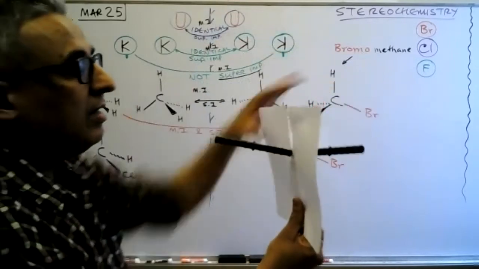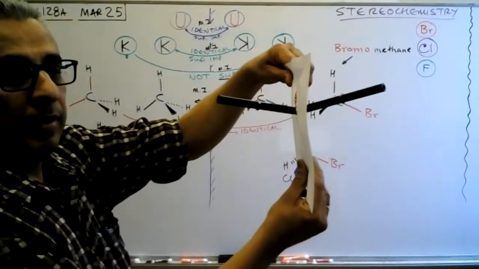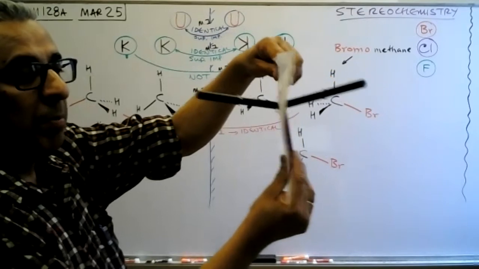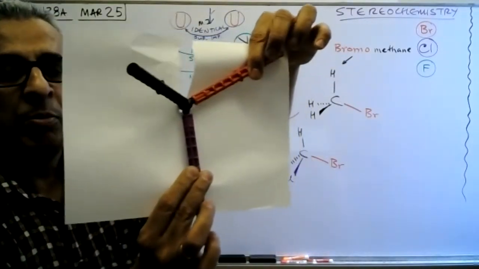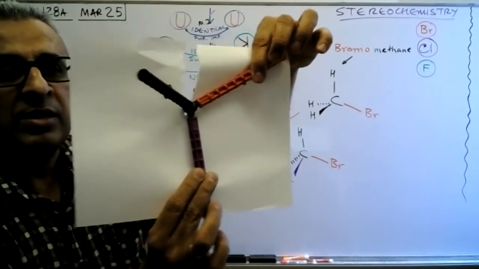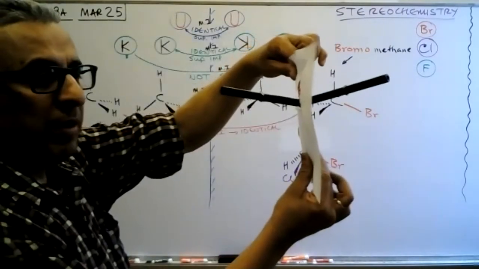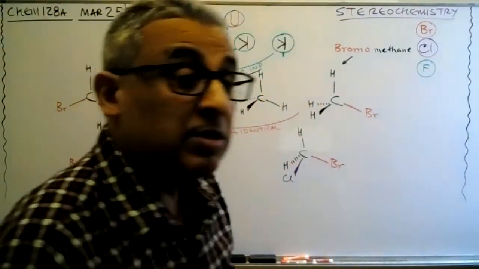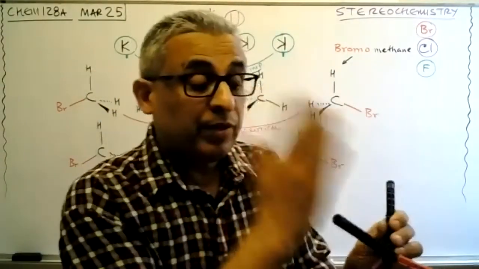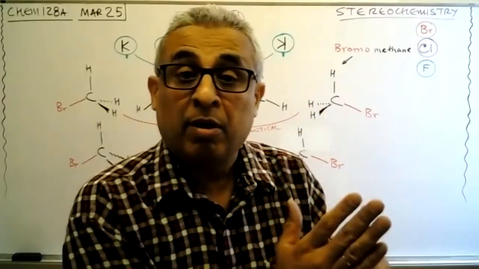Do you guys see that? That's a plane of symmetry. Therefore, they are superimposable, because there is some symmetry in the molecule.